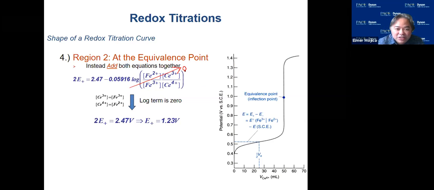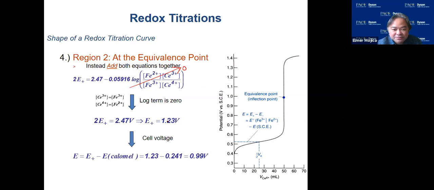So log of 1 is 0, times this one is 0. So 2E+ is equal to 2.47, and I divide both sides by 2. I have an E+ of 1.23. And if I use that number and subtract 0.241, the reference electrode, you have 0.99.